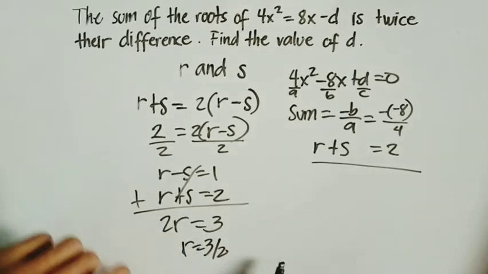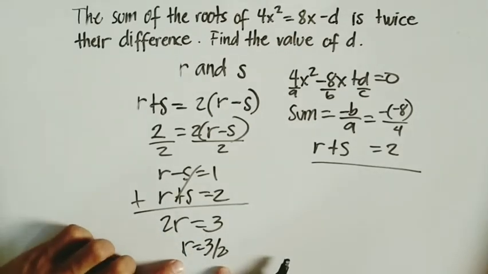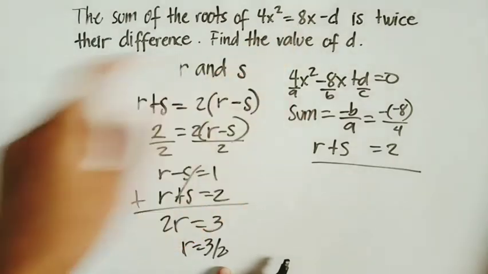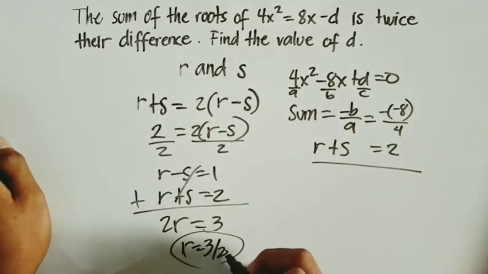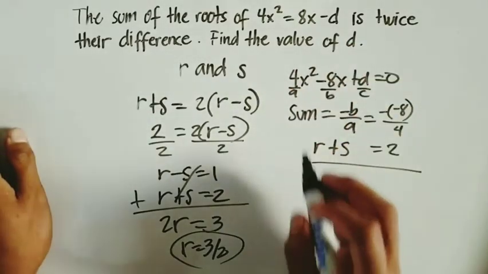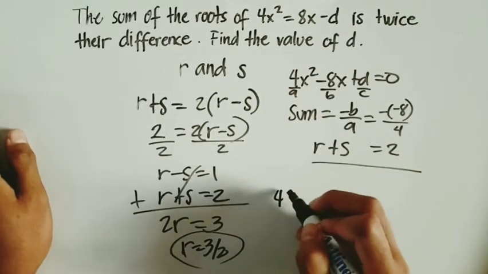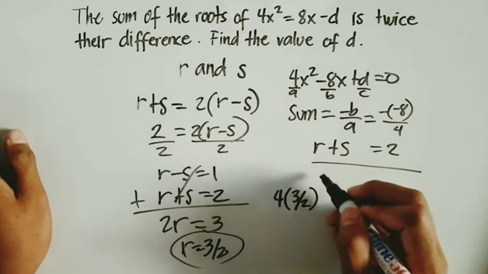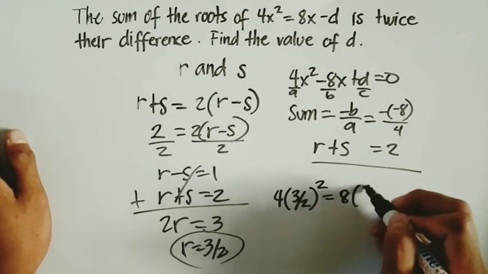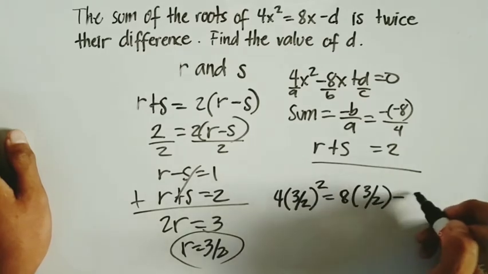So, saan ba natin to gagamitin? Di ba kapag roots yan, magsasatisfy siya sa equation. So, ito palang r, pag sinubstitute natin dyan, mag-satisfy yan. So, 4 times 3 over 2 squared is equal to 8 times 3 halves minus d.